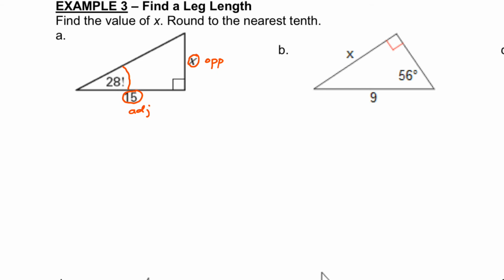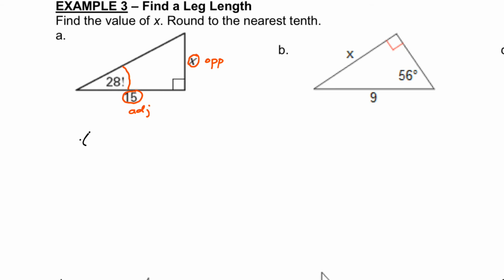Now we need to think about which one of the three trig ratios, the sine, the cosine, or the tangent, uses the opposite side length and the adjacent side length. If you think of your SOHCAHTOA, it was the tangent that was the opposite over the adjacent. So we're going to use tangent on this problem.